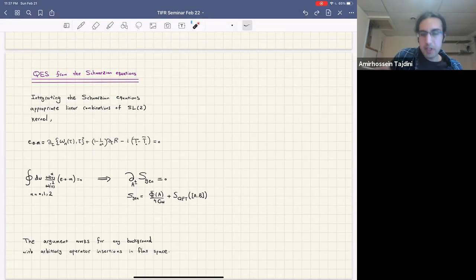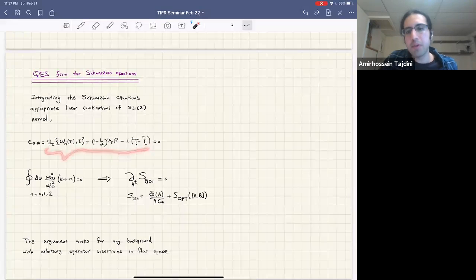Instead, what we were able to do is to integrate our equation of motion. We have these equations and we can integrate them against a bunch of kernels, which are some SL2 kernels. Once you integrate this equation of motion, some of these terms drop out because of analytic properties, and some of the terms remain.